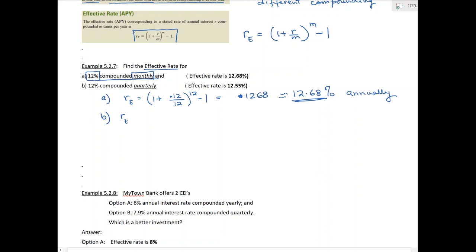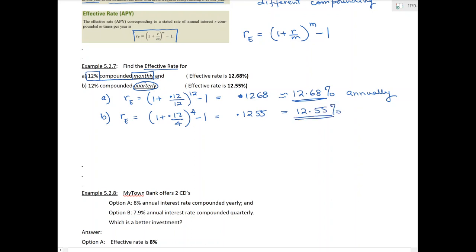Okay, let's look at the next one. This time it's quarterly. So 1 plus 0.12 over 4 raised to the power 4 minus 1. Again, simple to use your calculator. If you do, you're going to get 0.1255. So that means that's 12.55%.